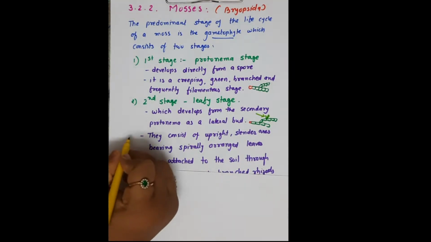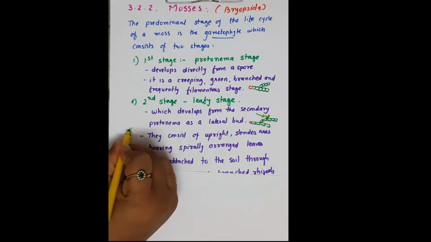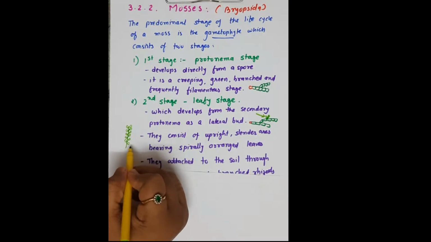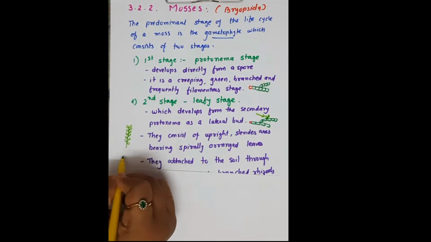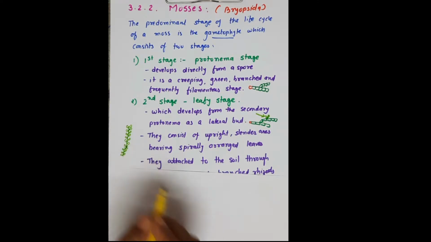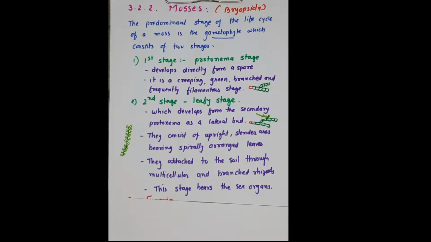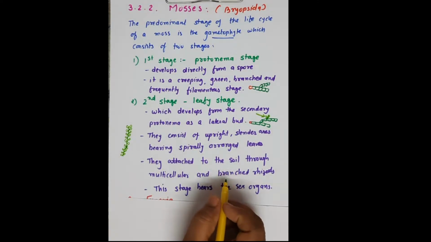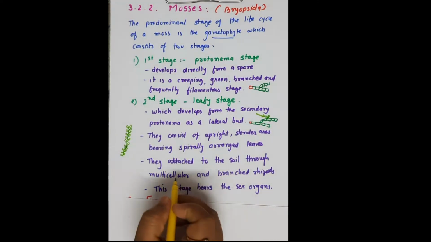So this is the leafy stage, it has an axis and spirally arranged leaves, you can see the spirally arranged leaves like this. They attach to the soil through multicellular and branched rhizoids.